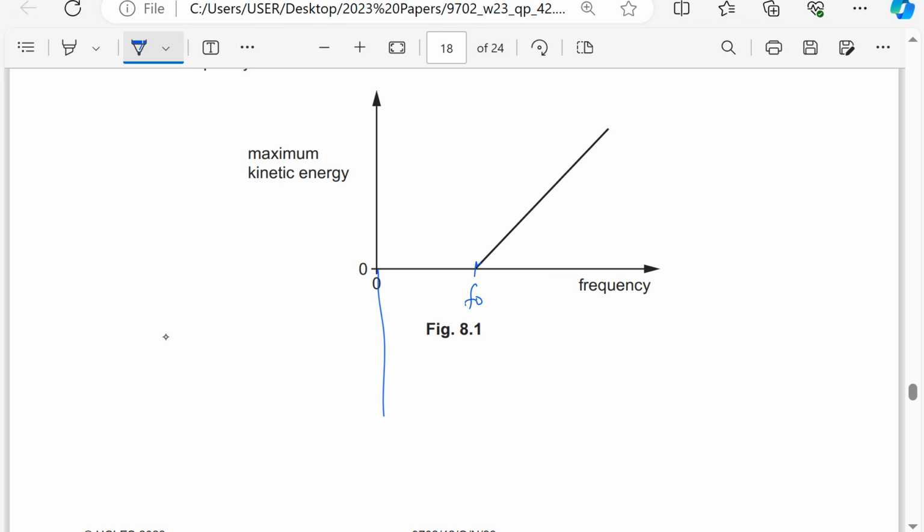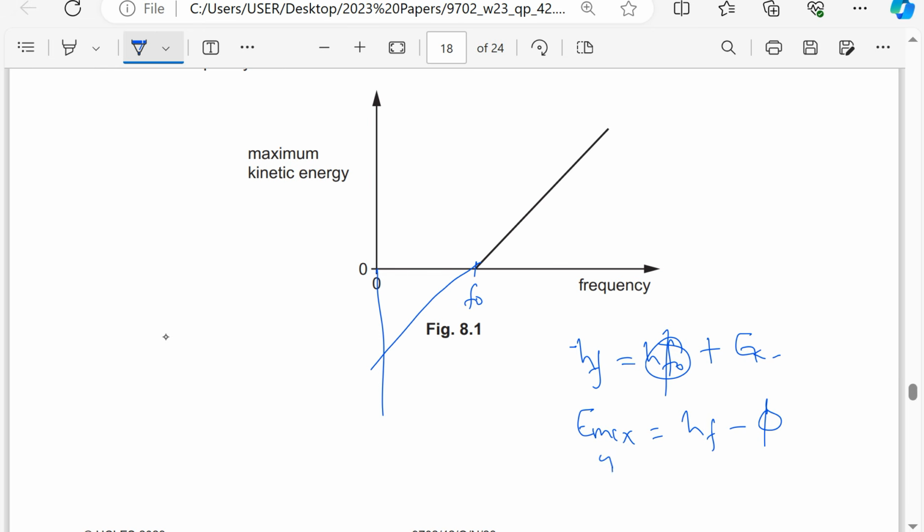And if we extend this to the y-intercept, we know that the energy of the photon, which is hf, is equal to hf naught, which is the work function, plus the maximum kinetic energy, EK. So when I make Emax the subject, Emax is going to be hf minus phi.